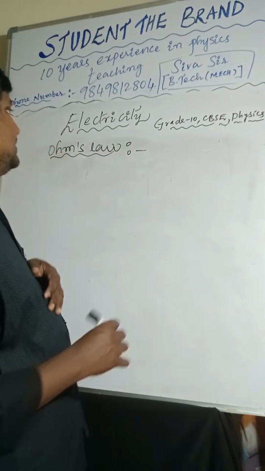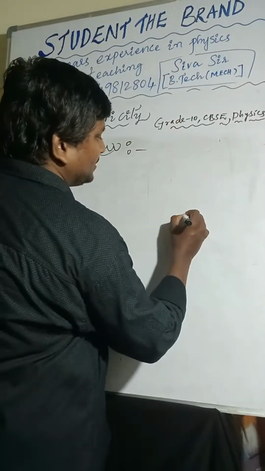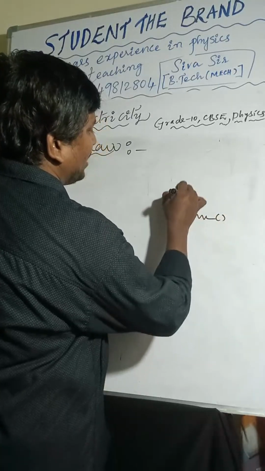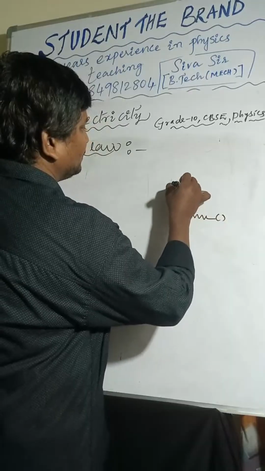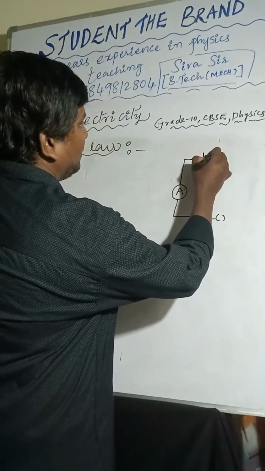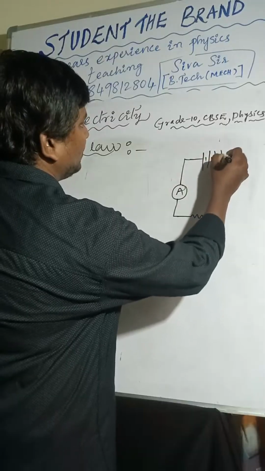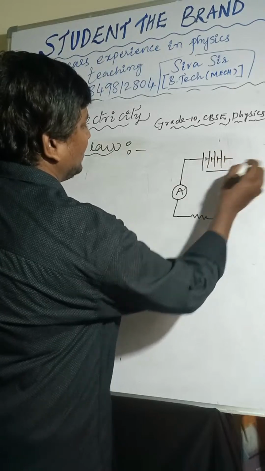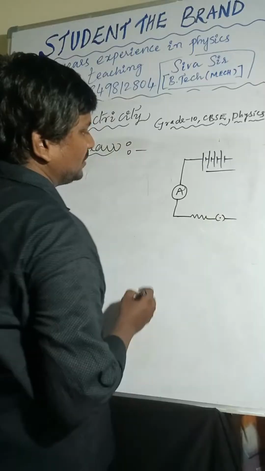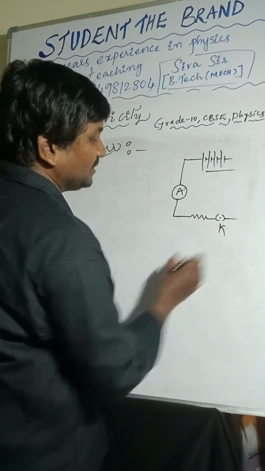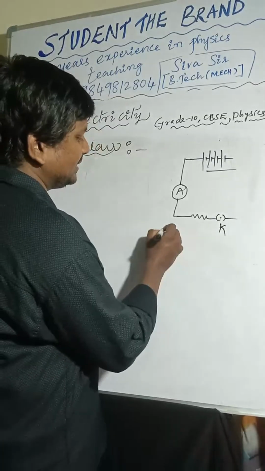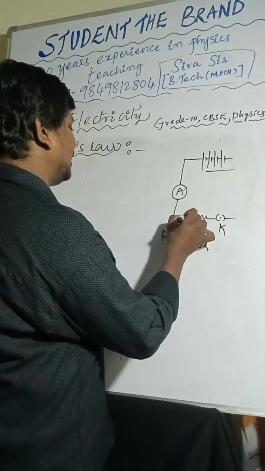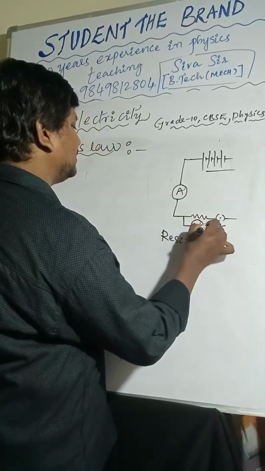Here I'm taking a resistor, switch, ammeter, and a battery, a cell.